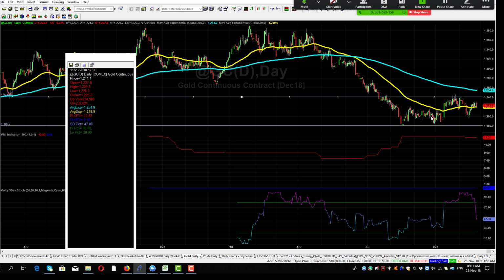So it's less effective because we've got a ranging market. But that's not the case. We've got longs and shorts. So ideally I should be picking both long and short trades up in this type of market action.